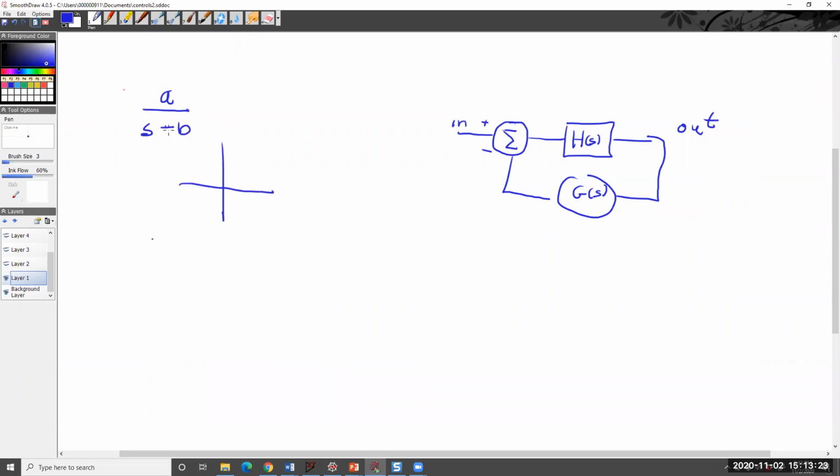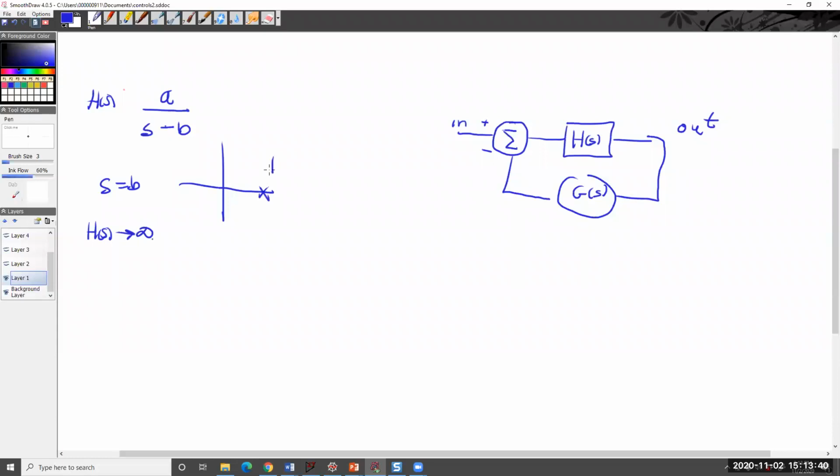If I were to plot this, when S equals B, H of S goes to infinity.